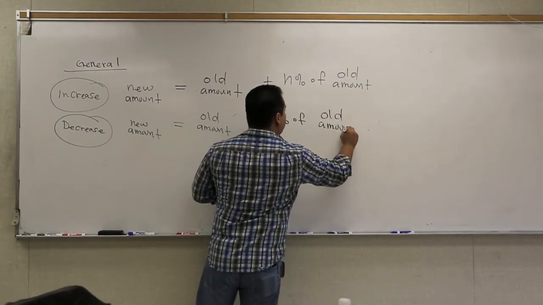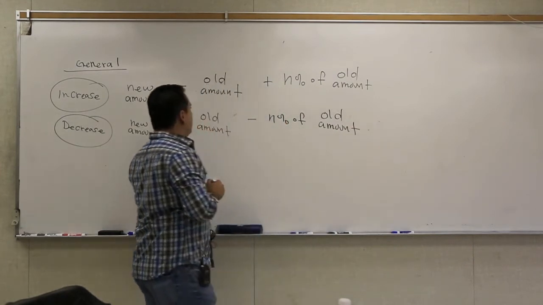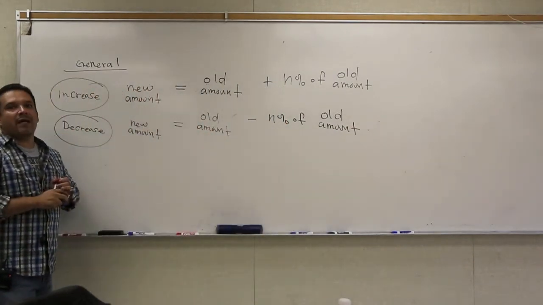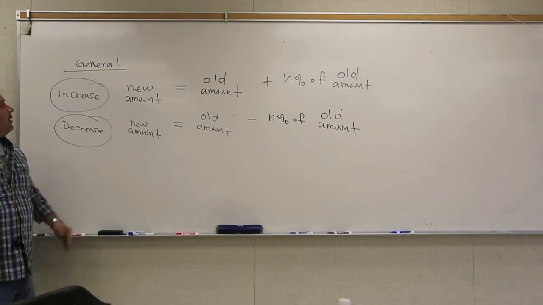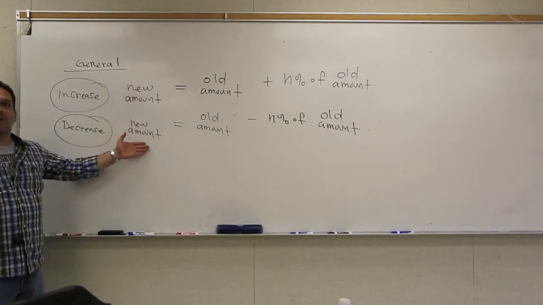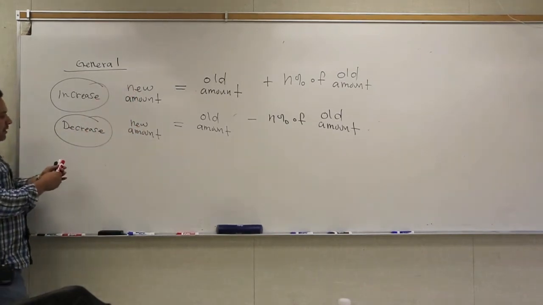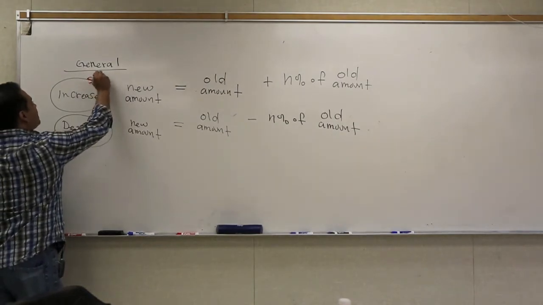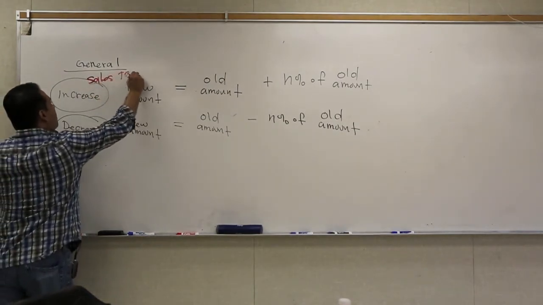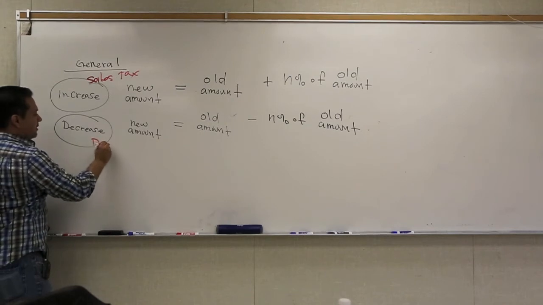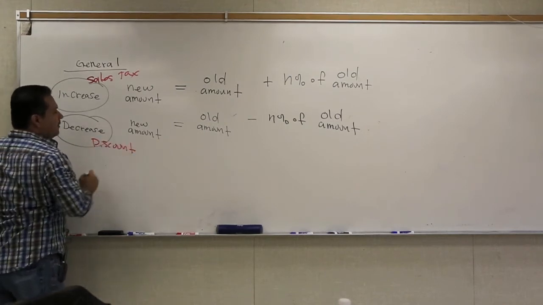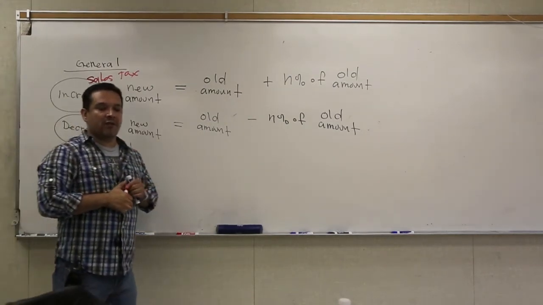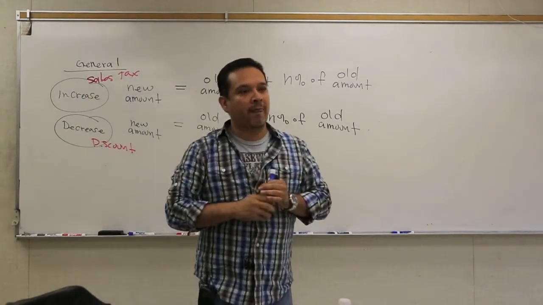This represents a decrease scenario. So in some ways, I can say to you, this is a generalization of, if you want to think of it as sales tax or discount. That's a generalization, and we work with this model all the time.